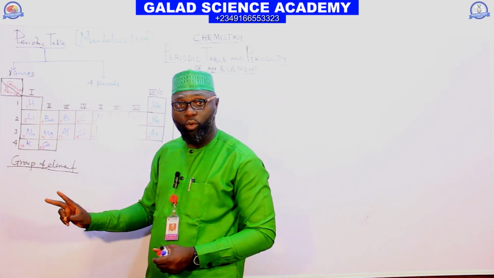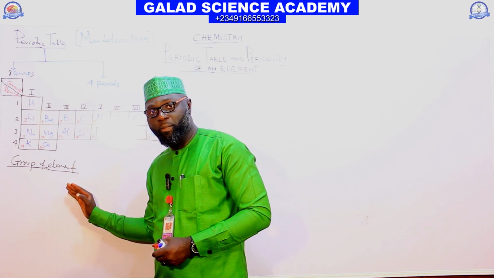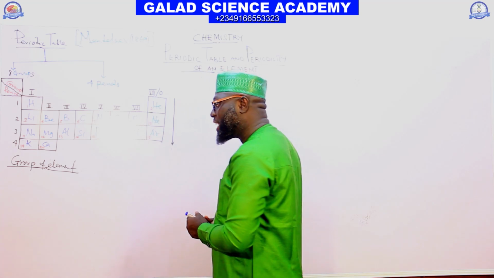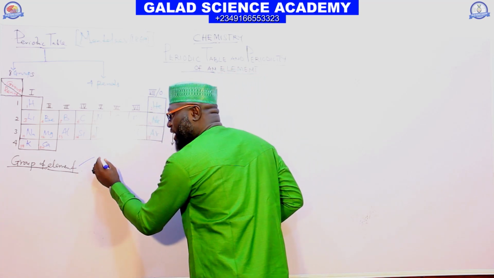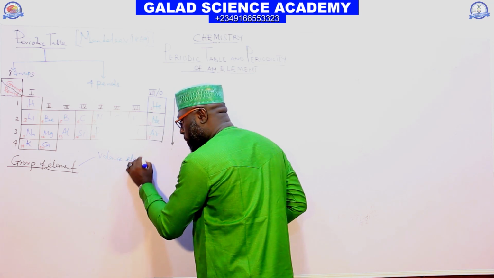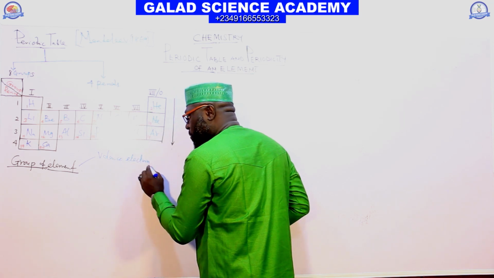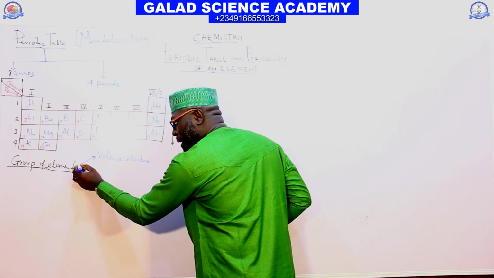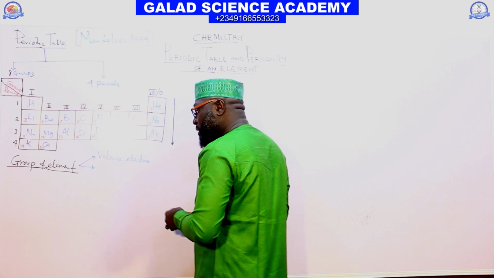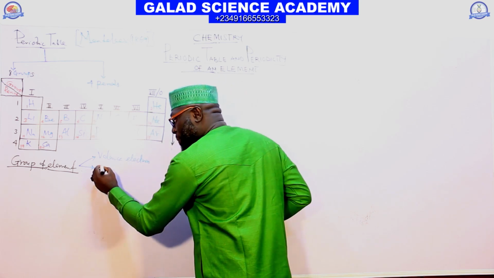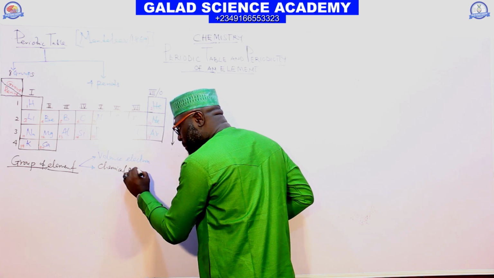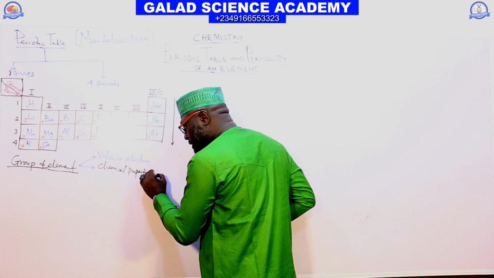The elements of the same group must have the same valency electron. And again, the elements of the same group must have the same chemical properties.